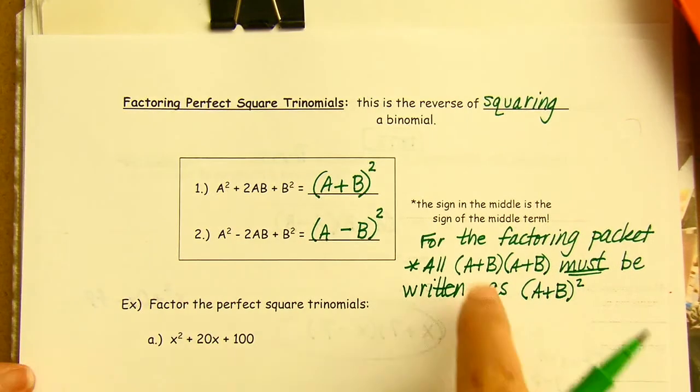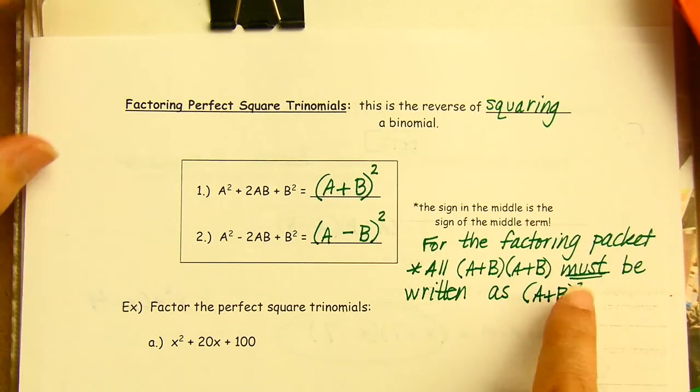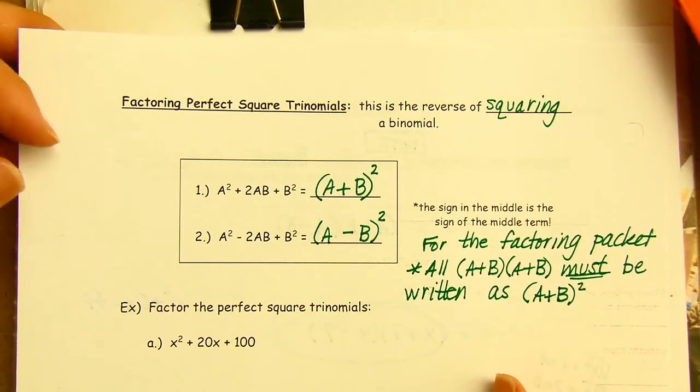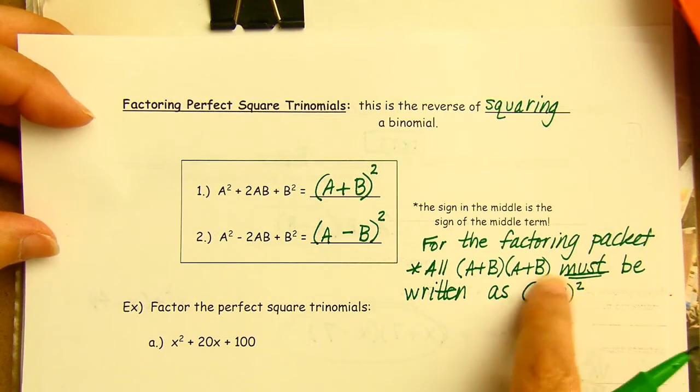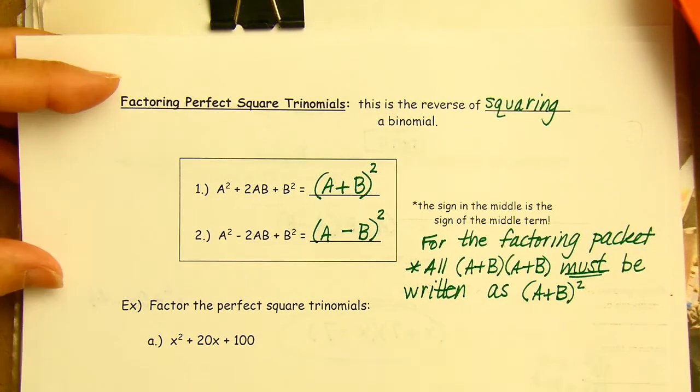Okay, please don't write this on your answer sheet because I'm going to take points off. I want you to write it as a single binomial squared. This is going to be important when we get into completing the square. Trust me, there's a method to my madness as to why I want you to practice doing this. Okay, it leads into something later.